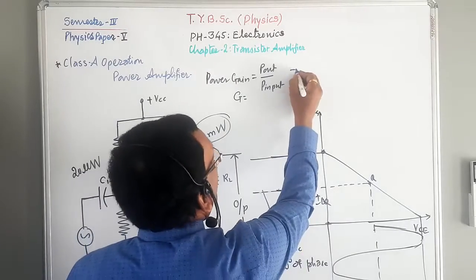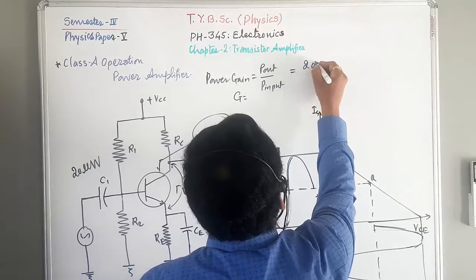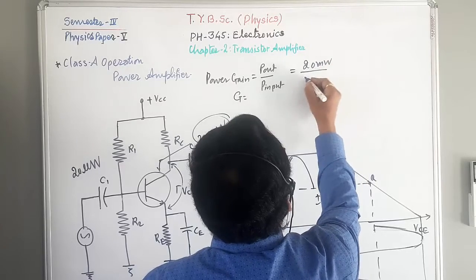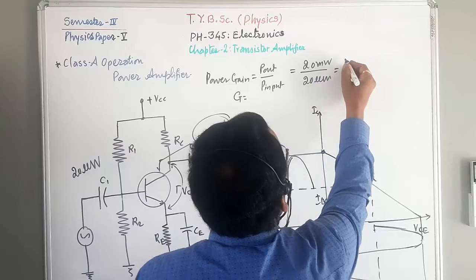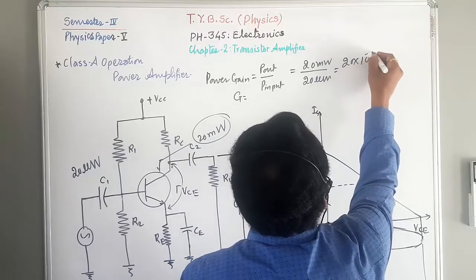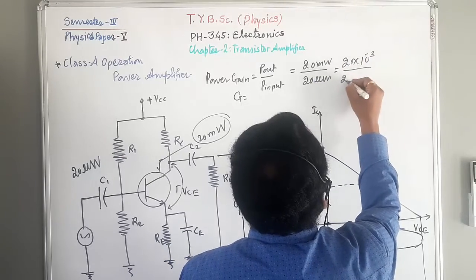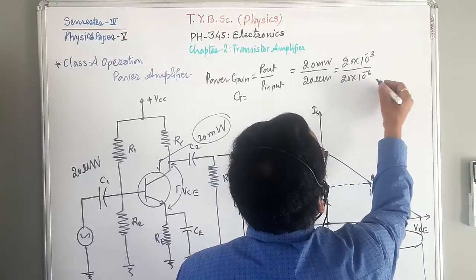Simply we have to put in the values. P out is 20 milliwatt upon P in is 20 microwatt. Convert this: 20 times 10 raised to minus 3 upon 20 times 10 raised to minus 6.